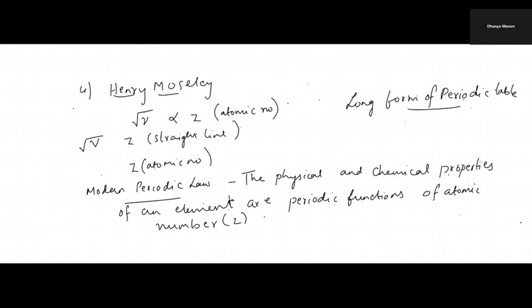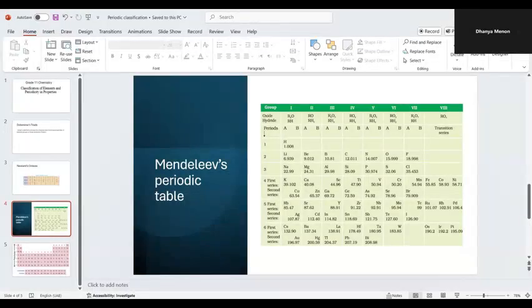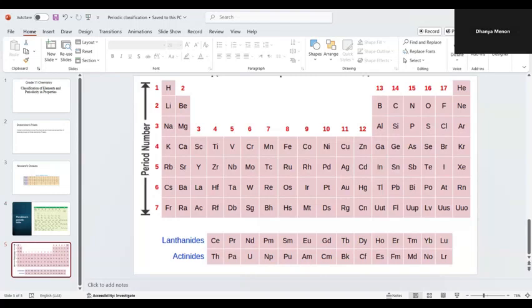According to this, the long form of the periodic table had 7 periods, and there were 8 groups.